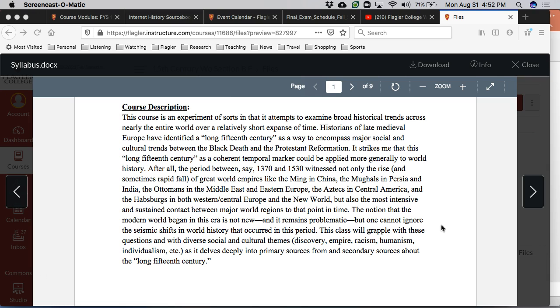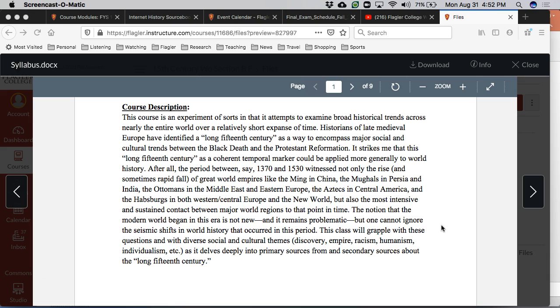The 15th century arguably sees the advent of racial thinking. I mean, this is a contentious point. Some have identified what we might call race or concepts of race before this, even as far back as antiquity.